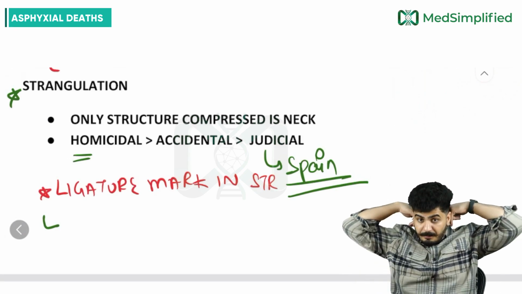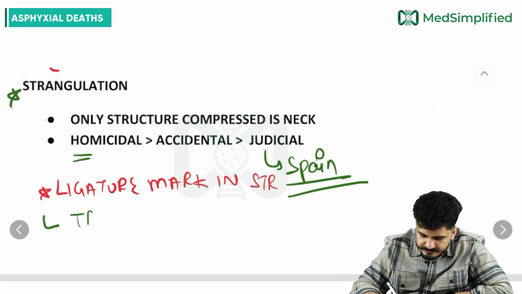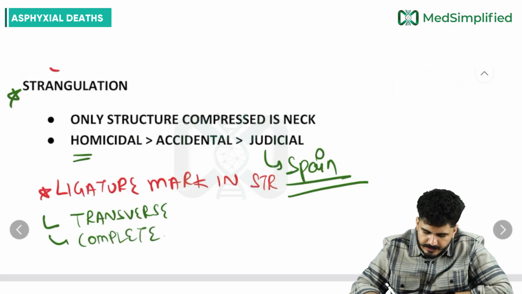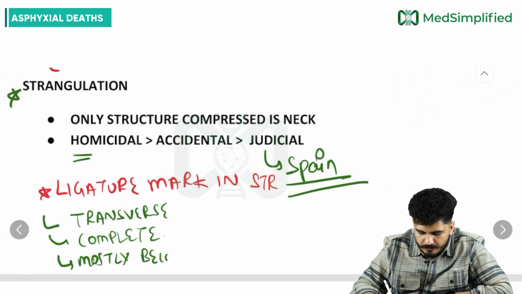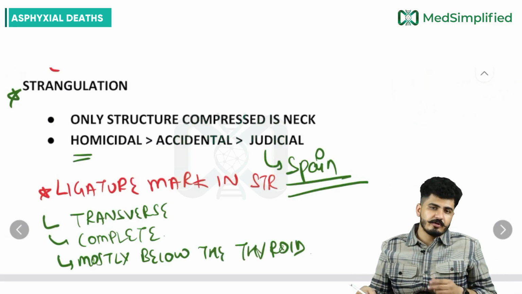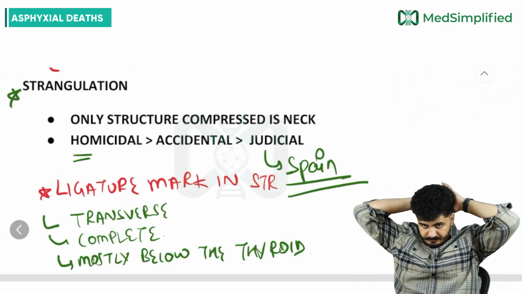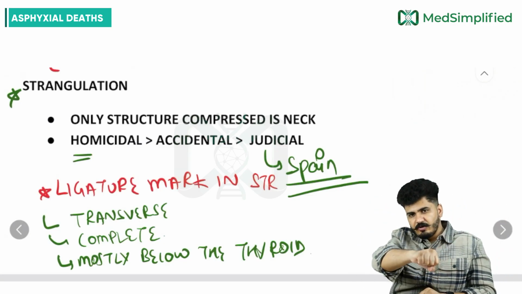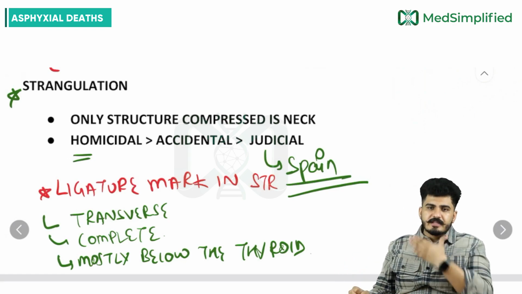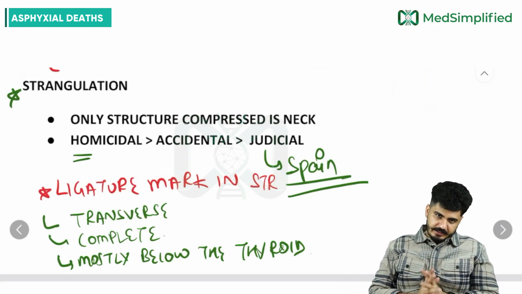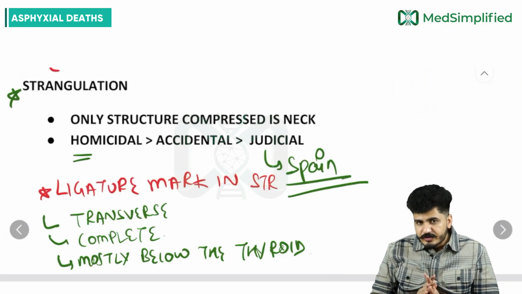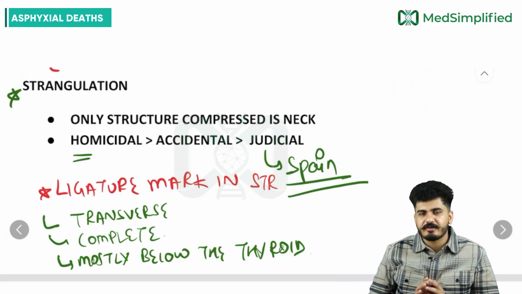So the mark will be complete, transverse, and mostly below the thyroid; above the thyroid can also be seen. If a person is tying some object on your neck and continuously dragging you, then it can be seen above also, but mostly it will be seen below the thyroid. But in hanging, it is mostly seen above the thyroid, my dear friends.